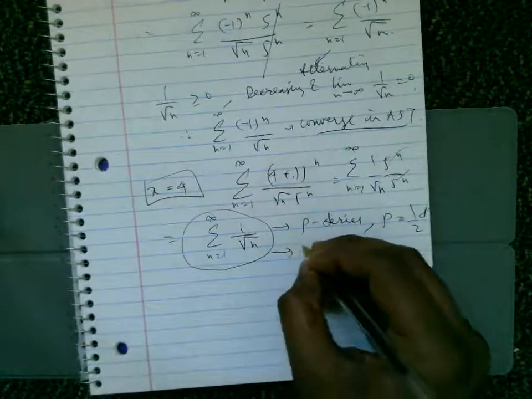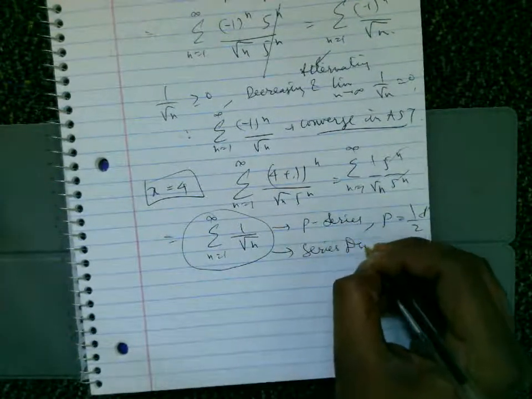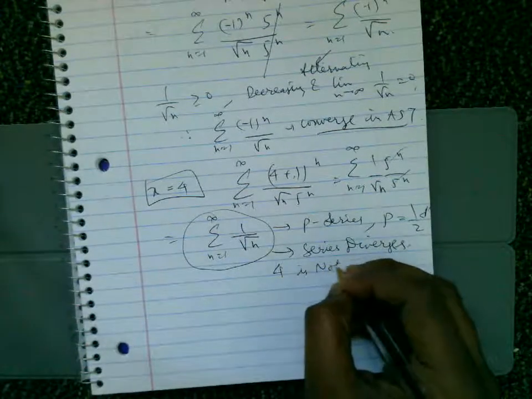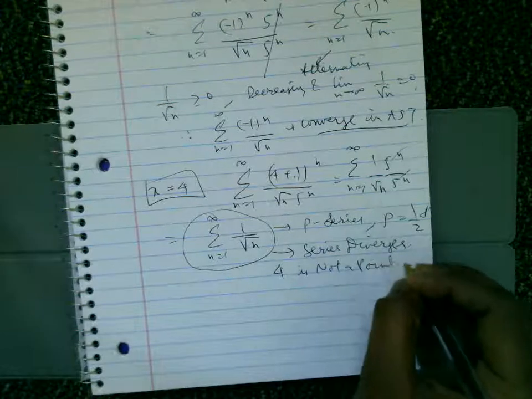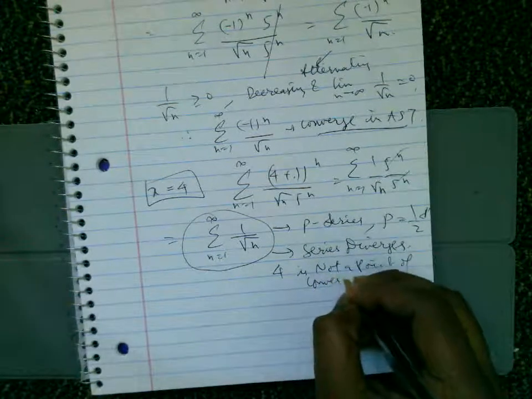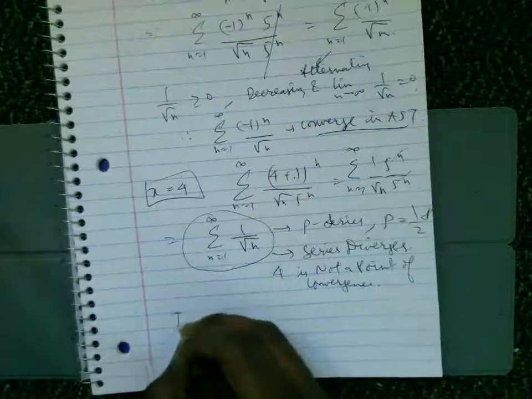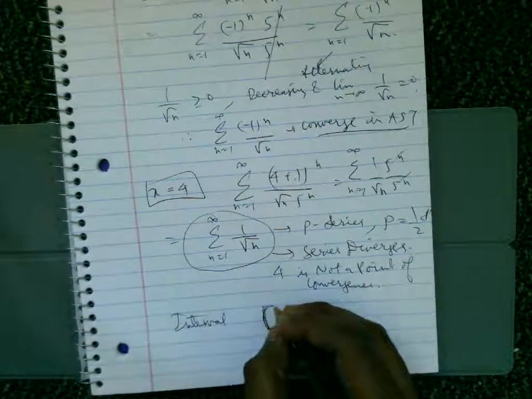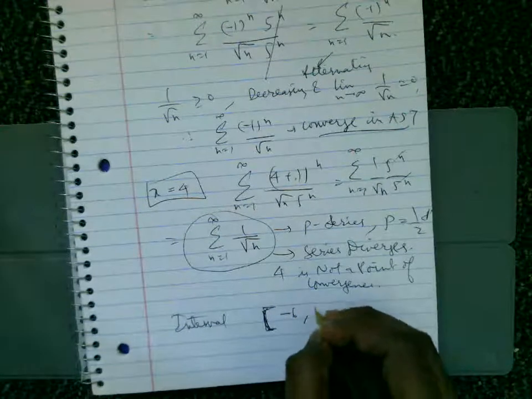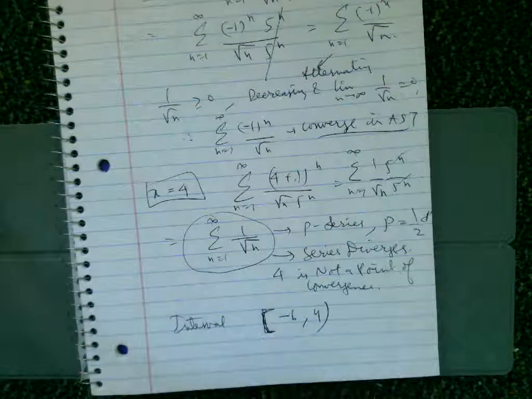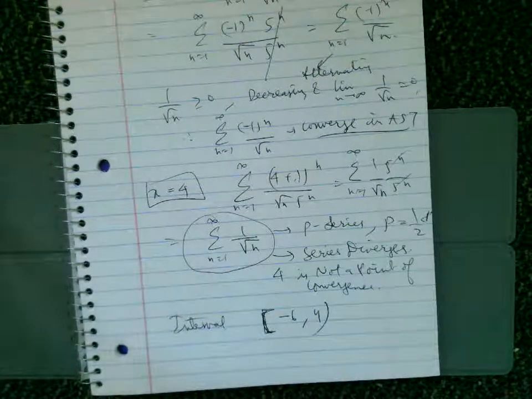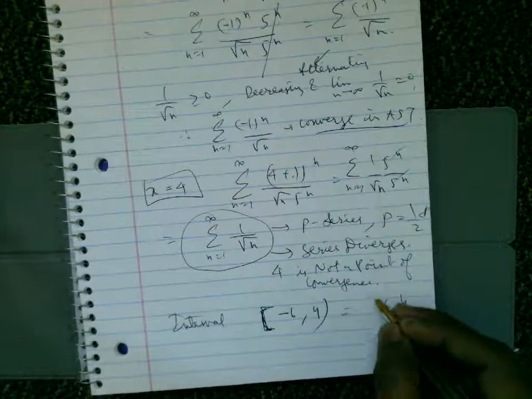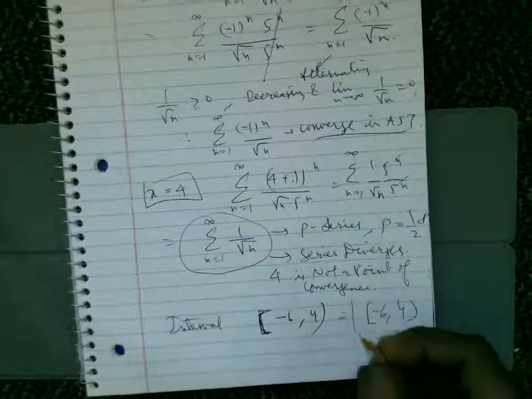So therefore, this series diverges. So therefore, 4 is not a point of convergence. So the interval of convergence is, if we include minus 6 and we exclude 4, all the points in between would converge. So the answer is minus 6 to 4, with minus 6 included and 4 excluded.